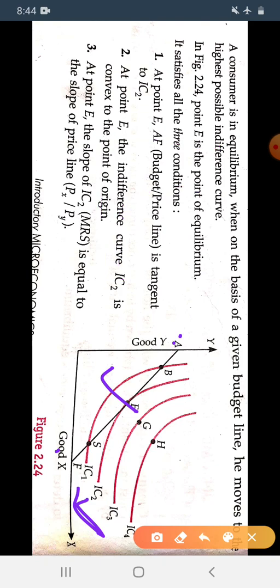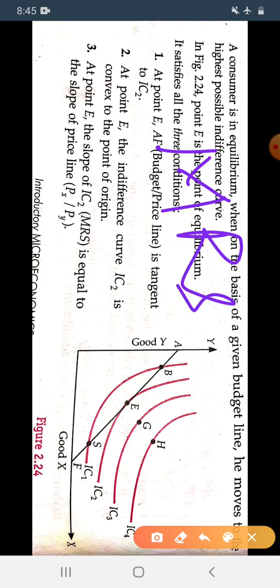And at point E, the slope of IC2, that is the MRS, marginal rate of substitution, is equal to the slope of the price line.